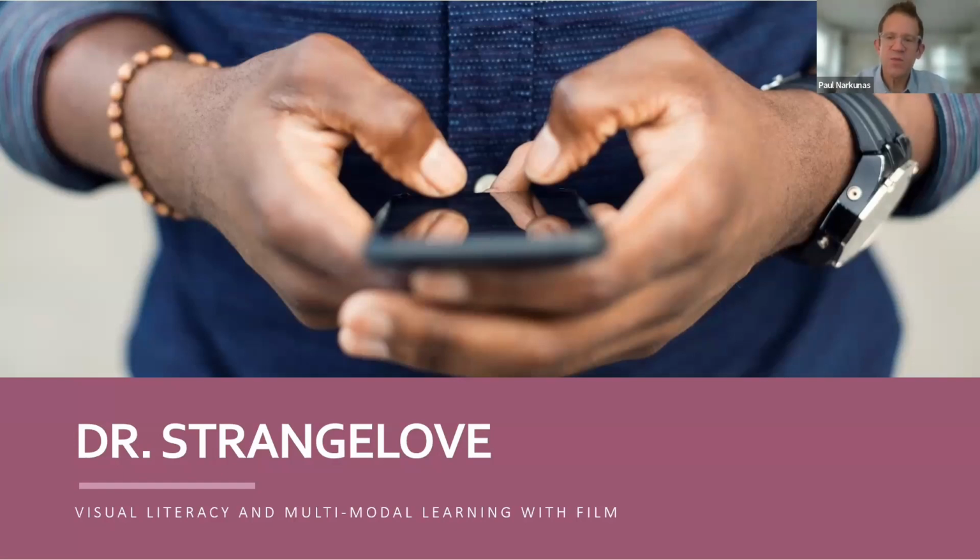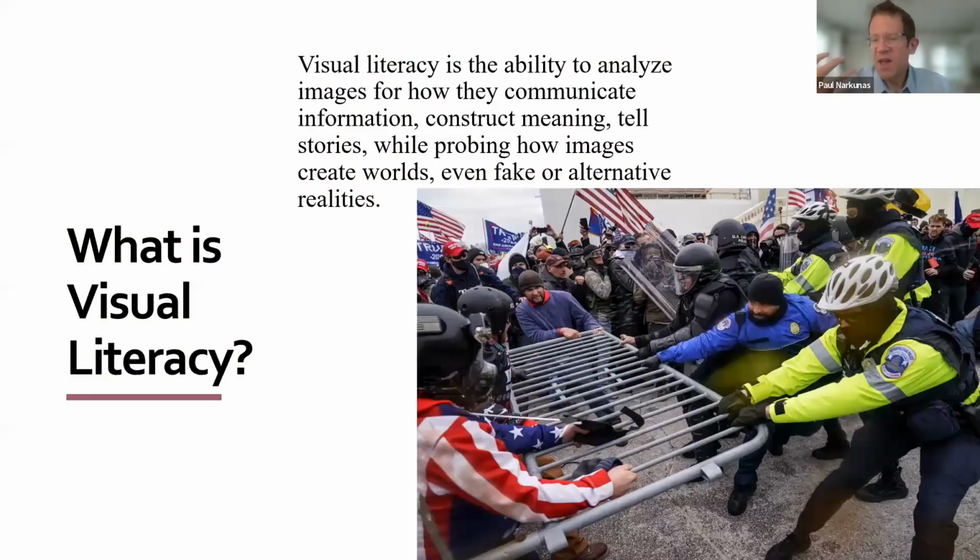And so that's where a better sense of what visual literacy is comes in. Visual literacy, just what is it? It is the ability to analyze images for how they communicate information, construct meaning, tell stories, while probing how images create worlds, even fake or alternative realities.